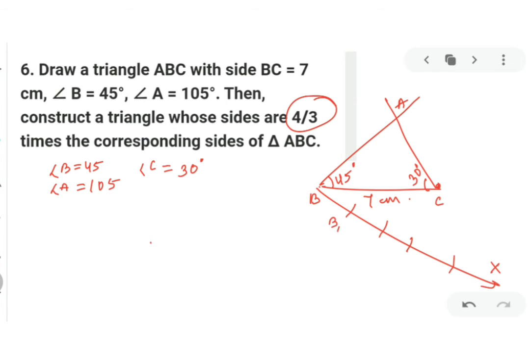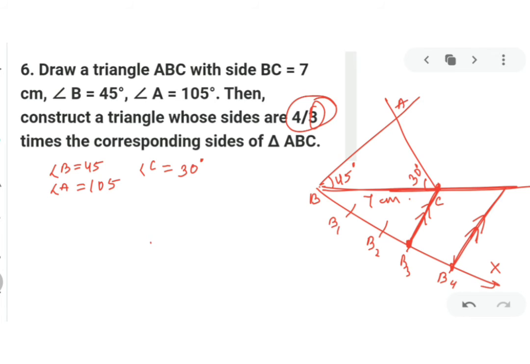You can name it as B1, B2, B3, B4. Now try to understand. Now you have to join what? Third part first. So you have to join B3C. You have to extend your BC line and at B4 you have to make a parallel line to B3C.